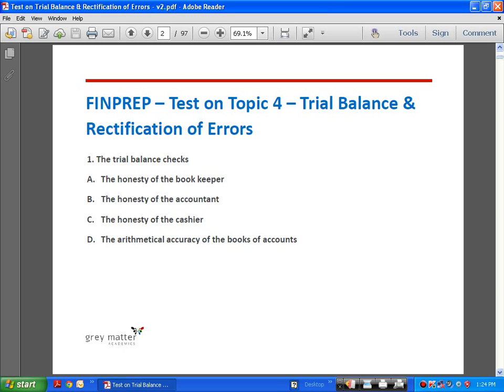The first question is: the trial balance checks the honesty of the bookkeeper, the honesty of the accountant, the honesty of the cashier, the arithmetical accuracy of the books of accounts. Right? So the trial balance is prepared not to check anybody's honesty, it is prepared to check the arithmetical accuracy of the books of accounts.